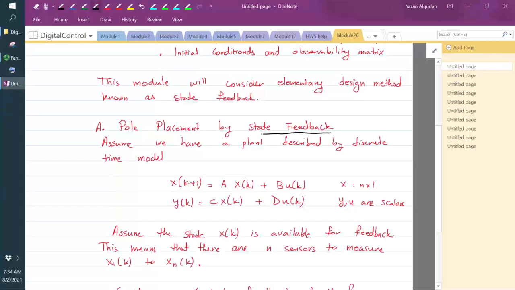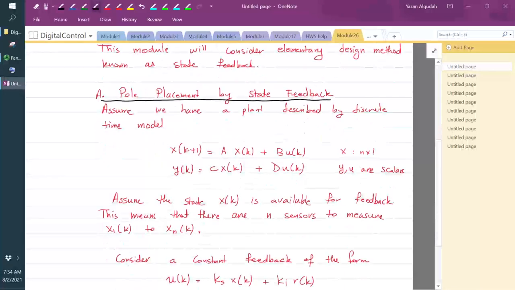We're going to assume that we have a plant that is described by the state space representation. This is the state space representation we're familiar with. We have the input, U, and we have the output, Y. We're also going to assume that we have access to the states.